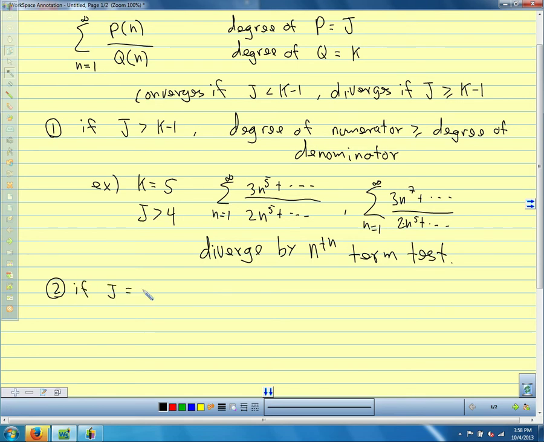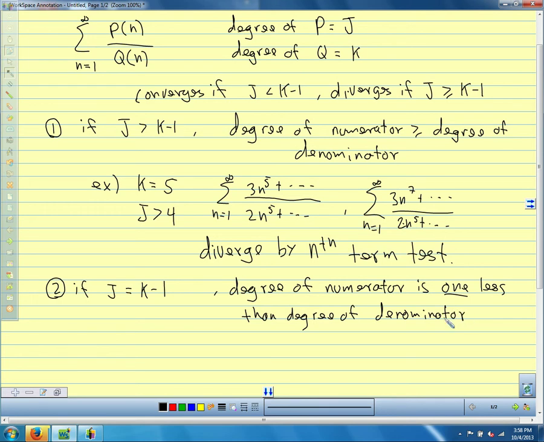If j equals k minus 1, what that tells us about the numerator and denominator is the degree of the numerator is 1 less than the degree of the denominator.